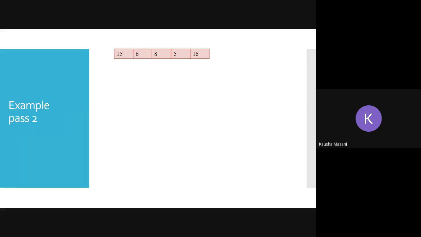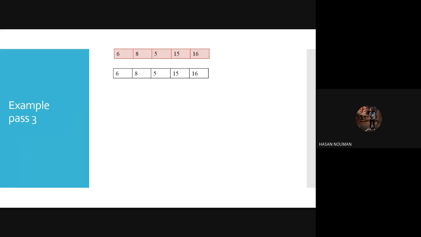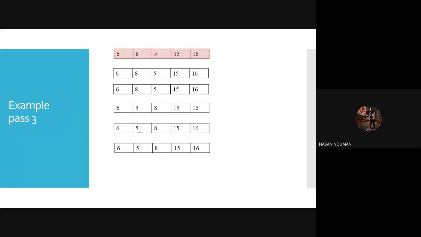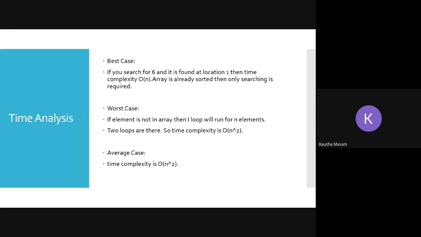Correct? Yes or no? Yes, ma'am. Okay. So today we are going to see insertion sort. Insertion sort, selection sort, shell sort, heap sort. These are the sorting techniques that we are left with.